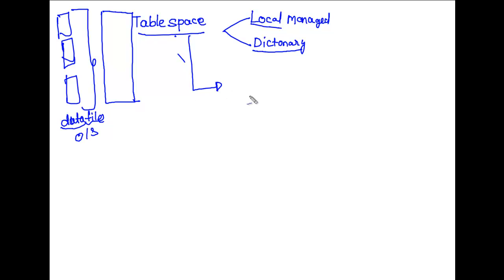Now the next level of classification is on how we use these tablespaces. We have permanent tablespaces, where we'll be storing the user or application real data.